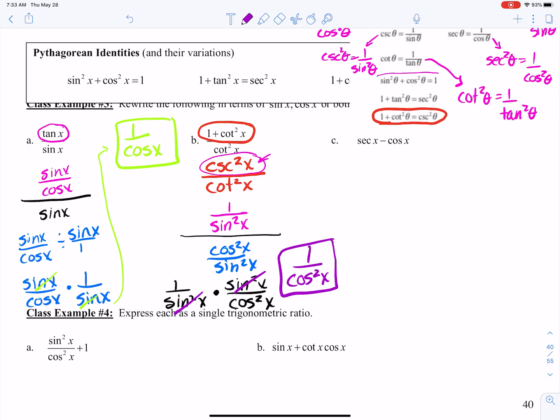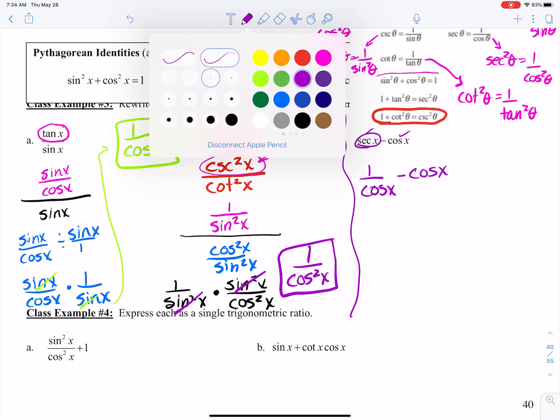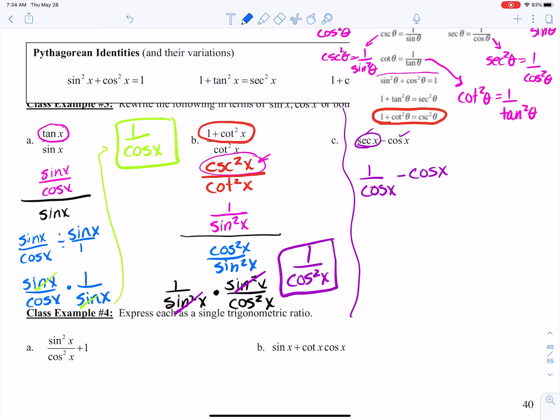All right, now I have sec x and cos x. So this one's a little bit trickier. I know that sec x is equal to 1 over cos, and we're subtracting cos x here. Now I can't leave a fraction. I have to put these together. So let's remember our rules of fractions.